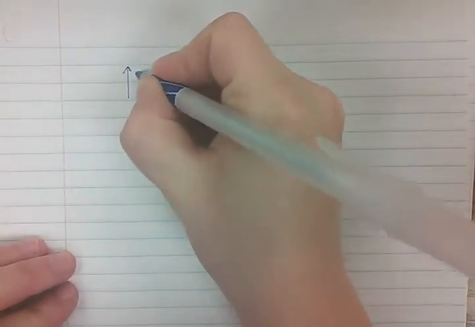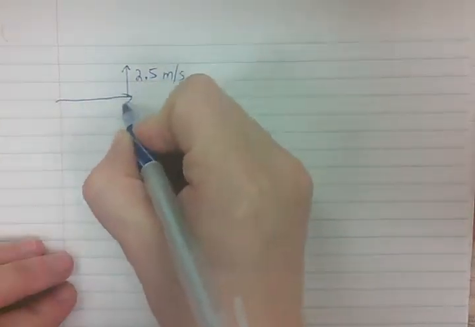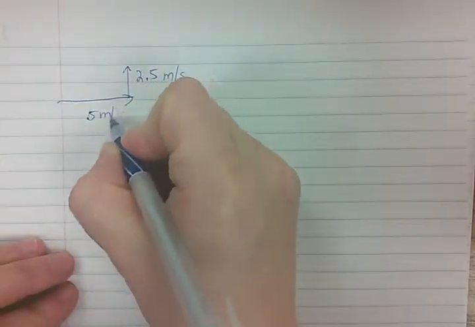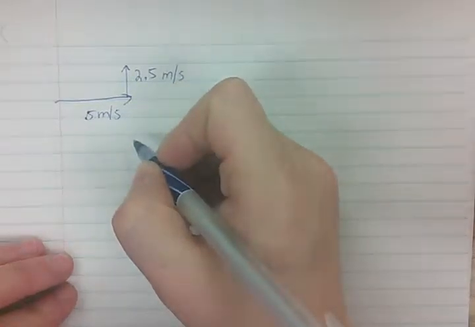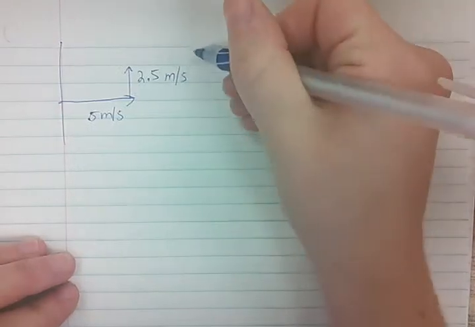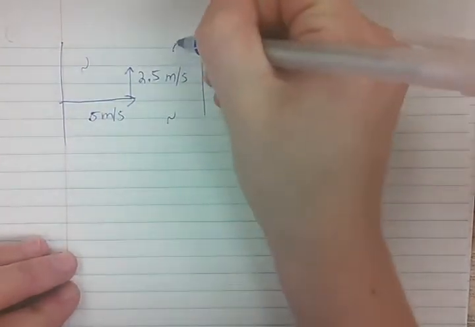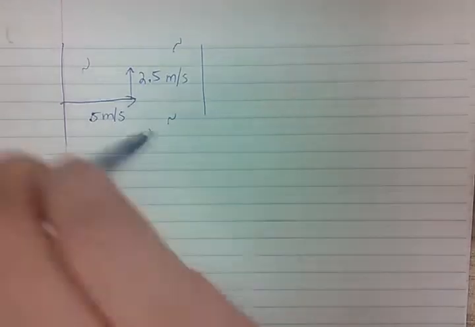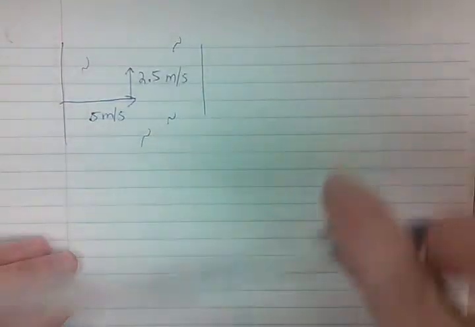The current is traveling 2.5 meters per second north, and the boat's velocity is 5 meters per second east. And then let's draw the actual banks of the river. Okay, so the boat, its heading is this way, and the current is going that way.